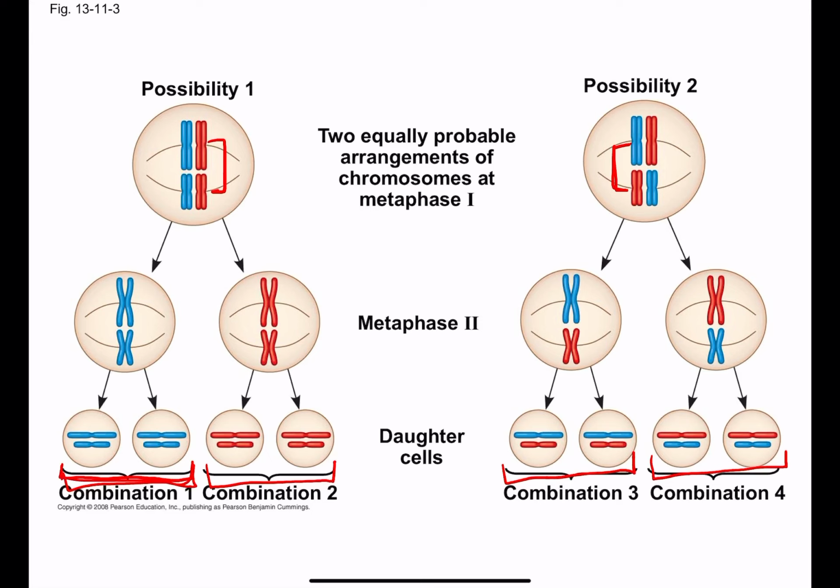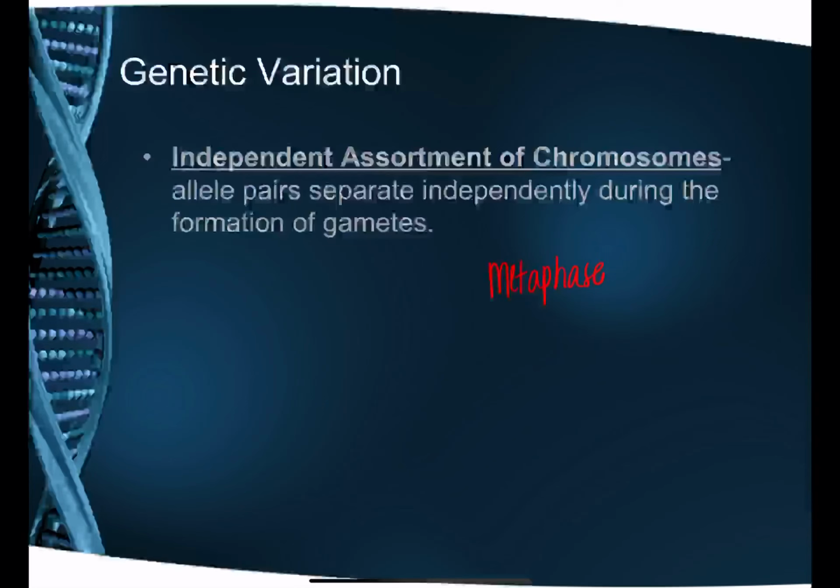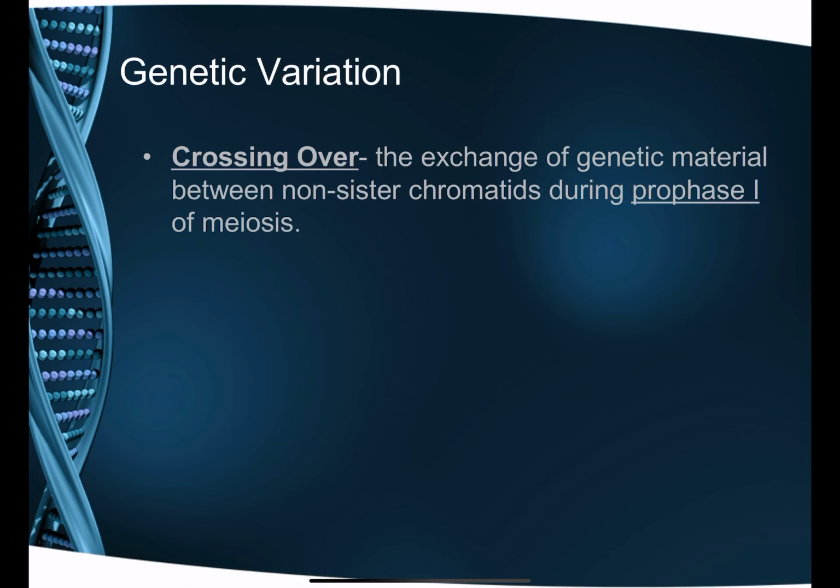So again, this is a very simplistic diagram, but you see that those chromosomes assort independently, allowing for different combinations in the gametes. Okay, so these gametes, combination 3 is going to be different from combination 4. Okay, and so that's just one. I said there's 3 main things. This is just one of those things. Okay, independent assortment. The next one that I've been holding out on is crossing over.